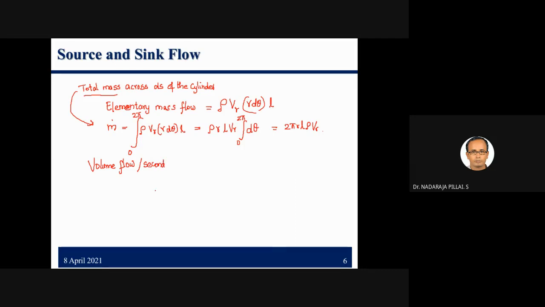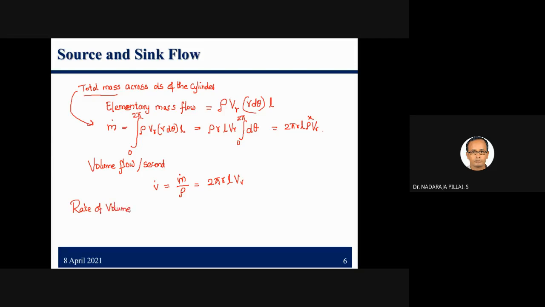What is the volume flow rate? It is the mass flow rate by rho, and hence we can write 2 pi R L Vr, so this rho will go. So the rate of volume flow.